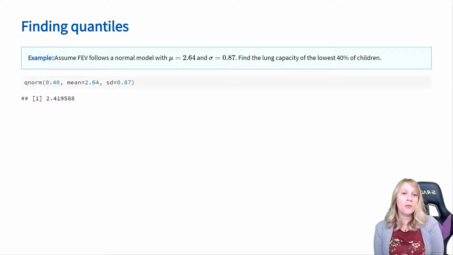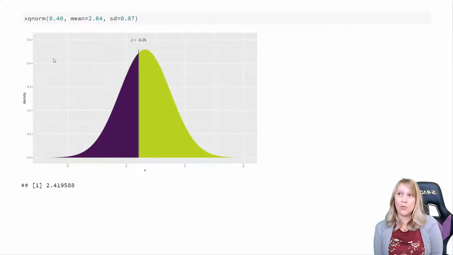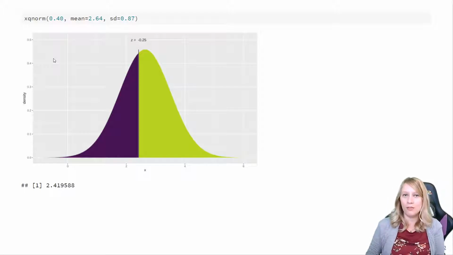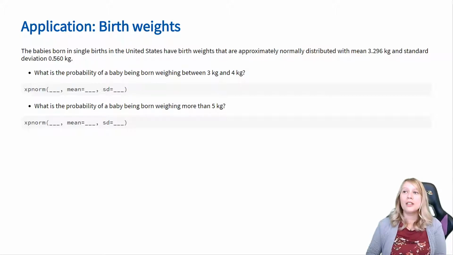So qnorm gets 0.4, mean and standard deviation are still the same. We get an answer of 2.4. So what this tells me is that 40% of children have a lung capacity of 2.4 liters or less. Now again, contrast that with the xqnorm output. We get the same value returned, but we also get a nice plot of what this normal model actually does look like. So let's take a look at another example.